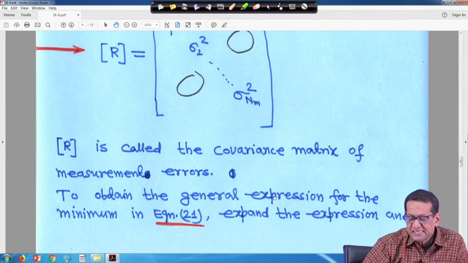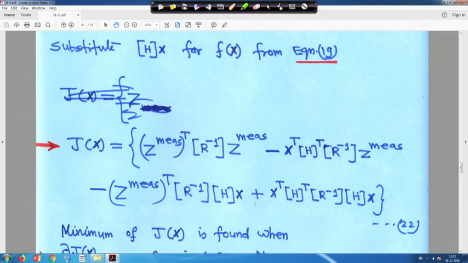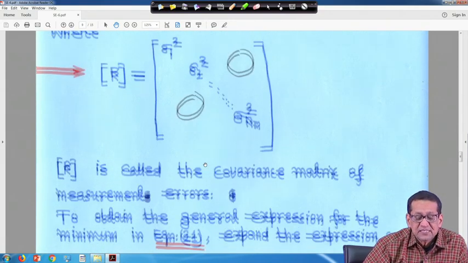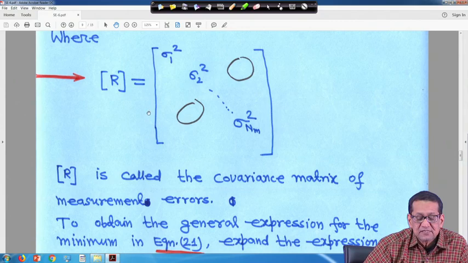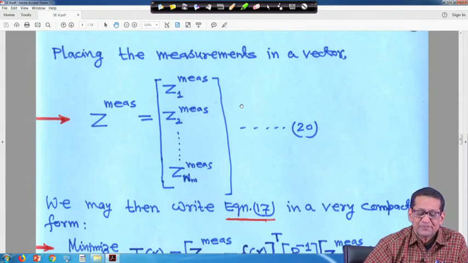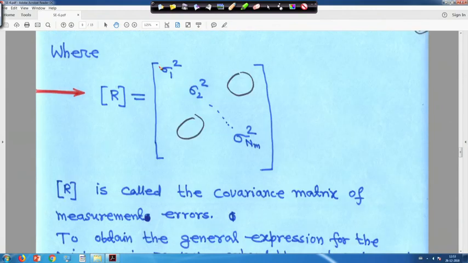To obtain the general expression for the minimum, expand the expression. Just 1 minute, this is R inverse, it is correct, just hold on. We have taken sigma 1, sigma 2, sigma 2 square.